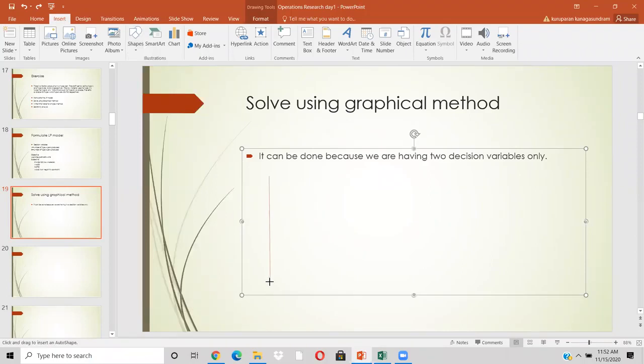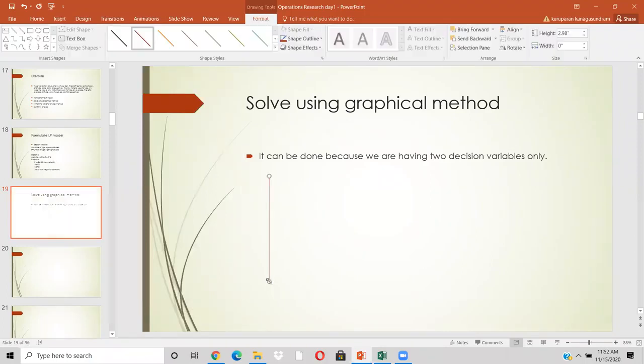There will be two axes. Draw initially, first draw two axes.